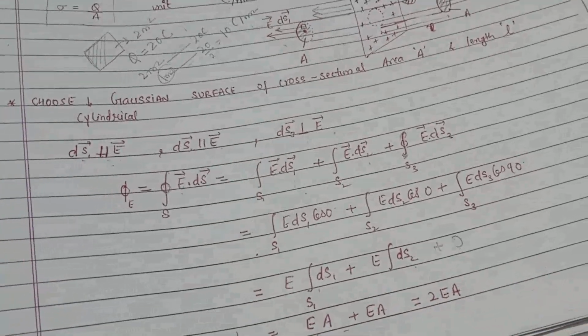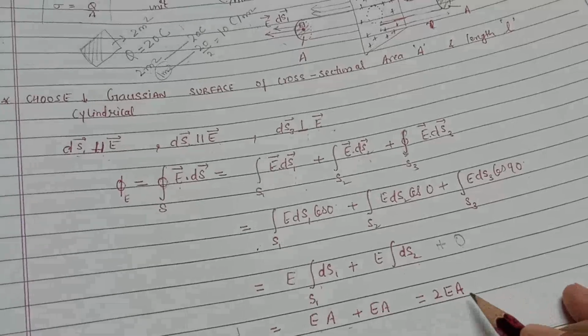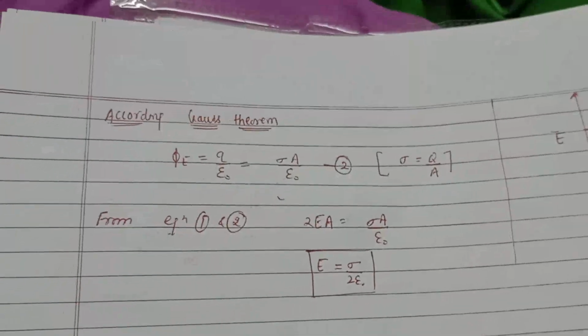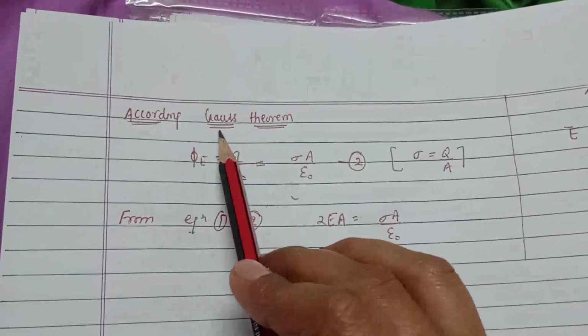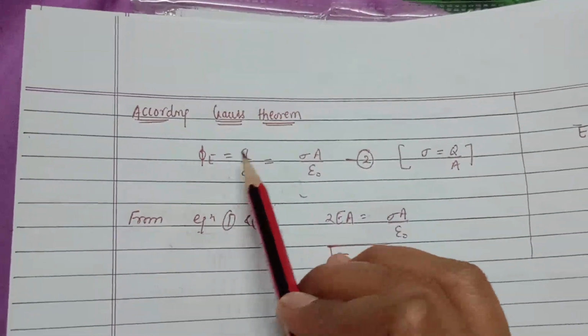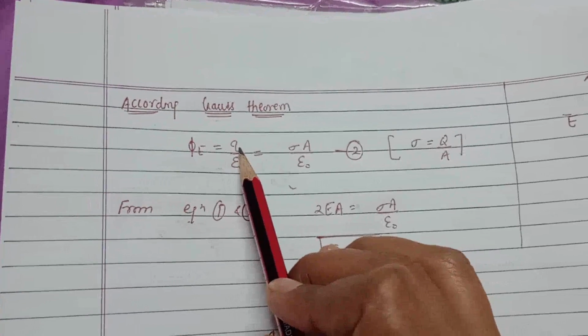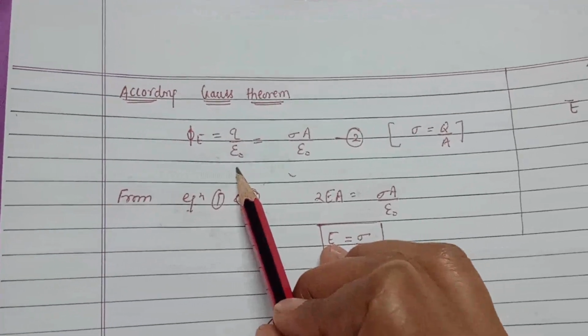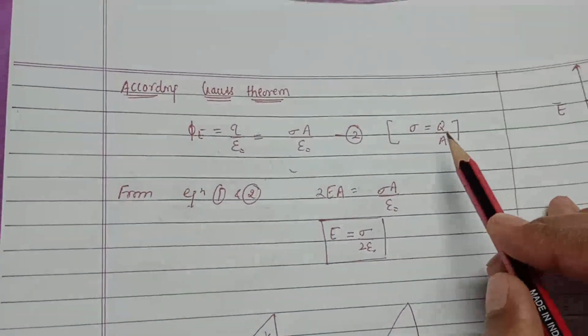Flux is equal to what? 2EA. Write down, this is the first equation. Now according to Gauss theorem, flux is given by total charge enclosed in a closed surface divided by epsilon naught. And I have already discussed what sigma is.